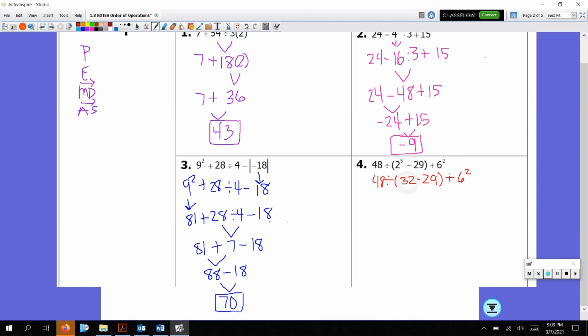Okay, 32 minus 29 is 3. Plus 6 squared, and then we got this division here, and 48. All right, 6 squared is going to go first because that's an exponent, right? And exponent's next on our list. That's 36.